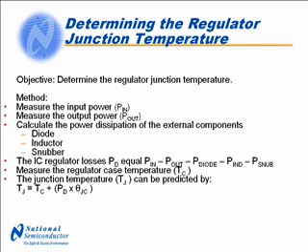Then we're going to subtract: the input power minus the output power minus the diode minus the inductor minus the snubber. That's going to leave us with the power dissipated in the regulator IC. And then lastly, we can predict the junction temperature by taking the measured case temperature plus the power dissipated in the device times the theta JC for the device.